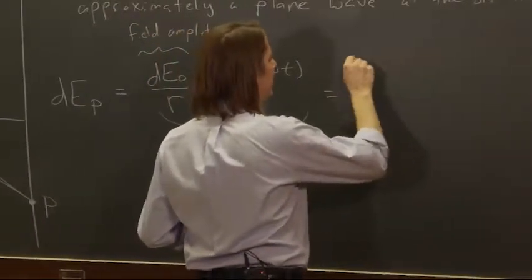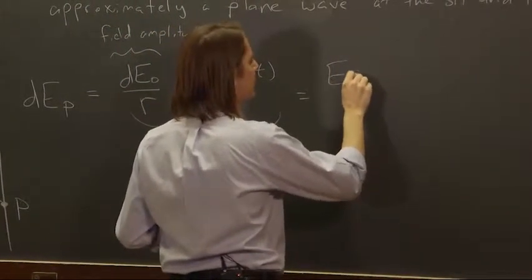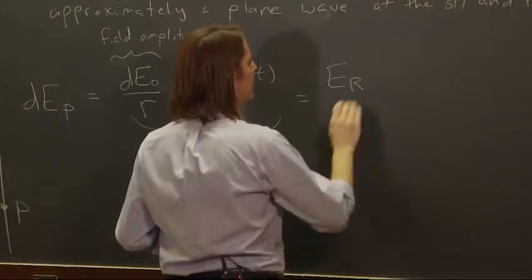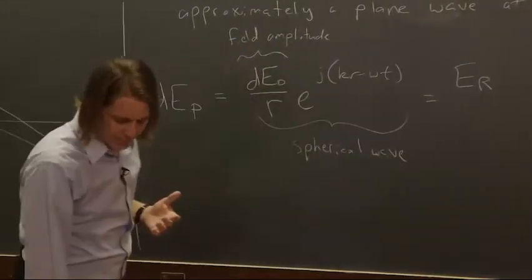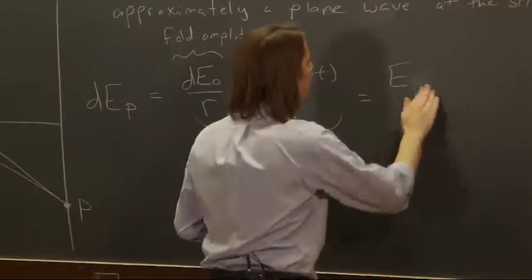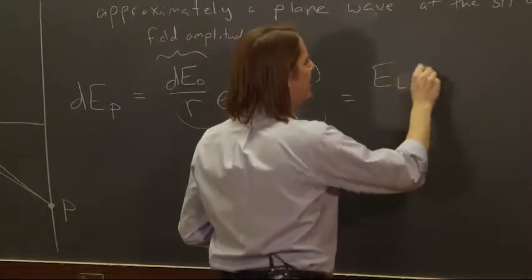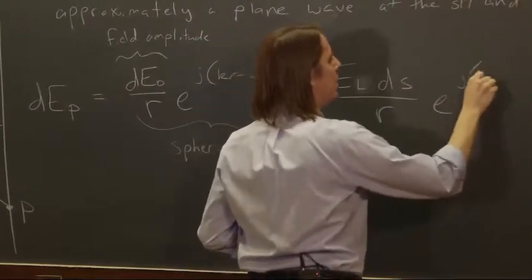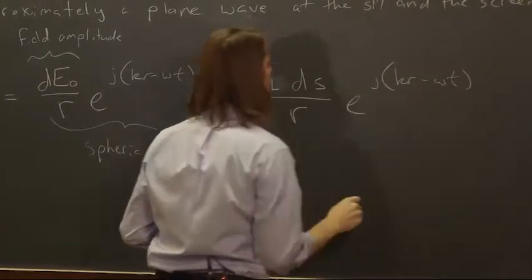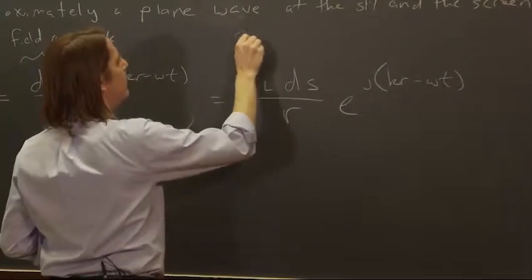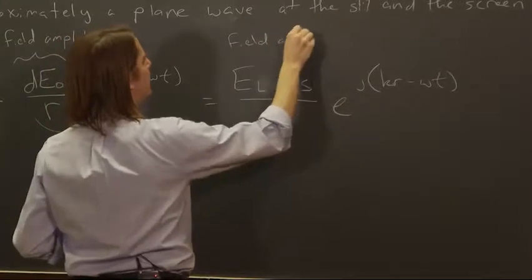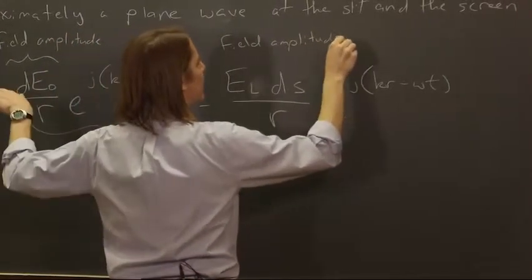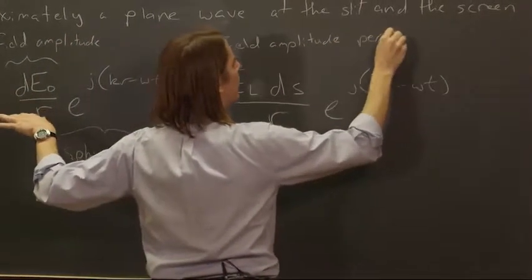So that's now called E_L, times ds over r, e to the j(kr minus omega t), where E_L is the field amplitude, same concept as over there, per width.